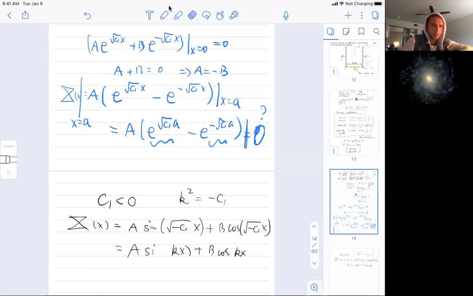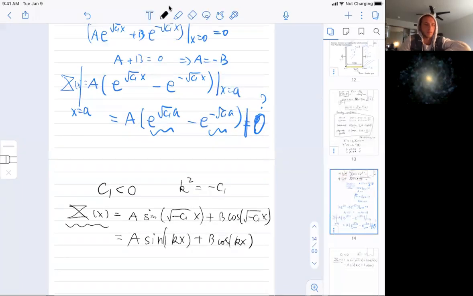Okay, sine kx, b cosine kx. So that's our x. So if I found x, what can you conclude about y?